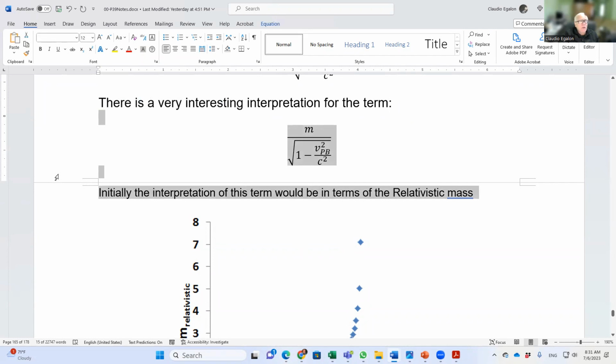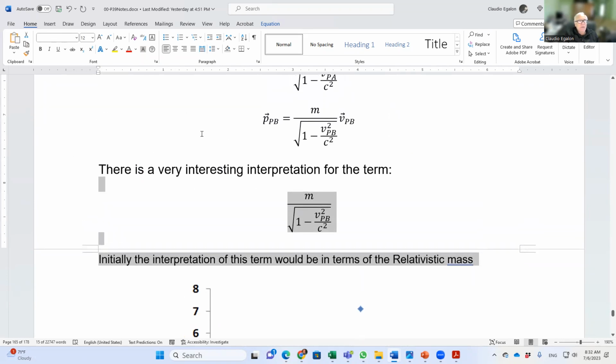Nowadays, they start saying, look, that's not exactly the relativistic mass. That's something else. What they're saying is that this term here is actually inherent to the momentum of the particle, and the mass of the particle is not necessarily increasing as the particle moves faster and faster. That's what they're starting saying right now.